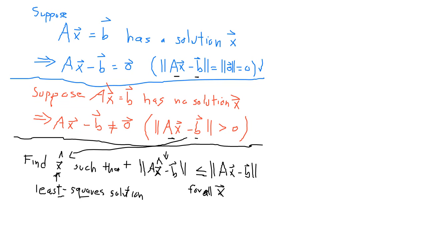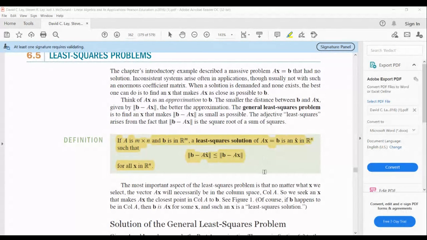All right. So if I go back to the book here, this now makes sense. In other words, when a solution to a system of equations is demanded and none exists, the best one can do is find a vector x that makes A times x as close as possible to b.